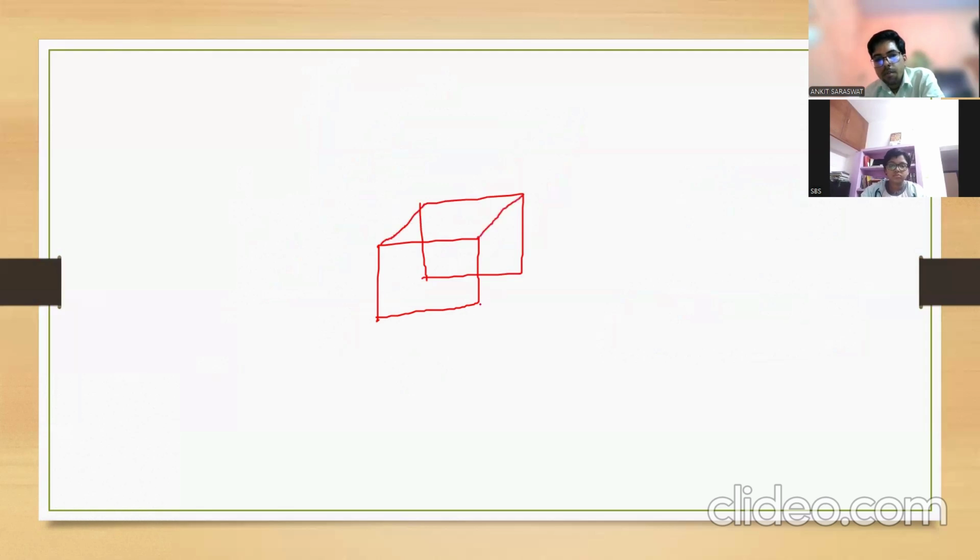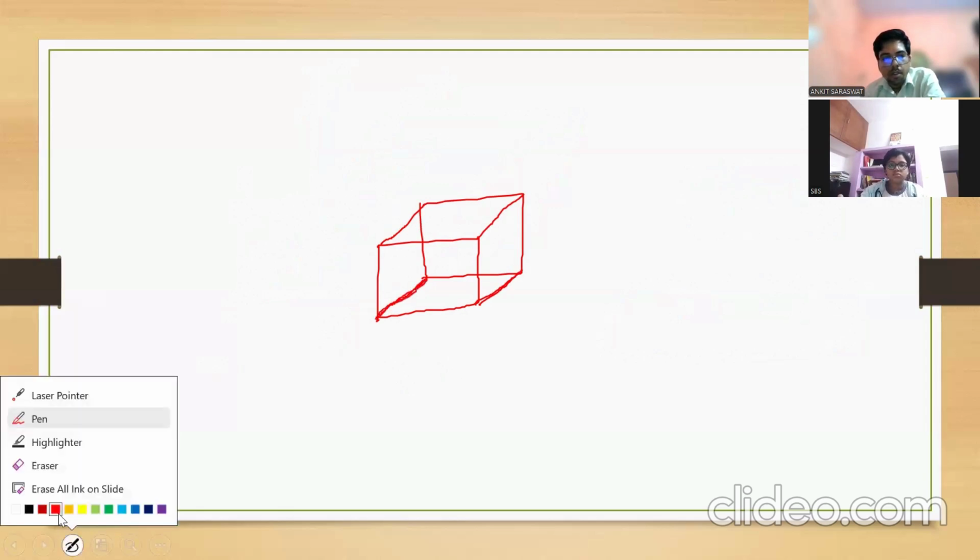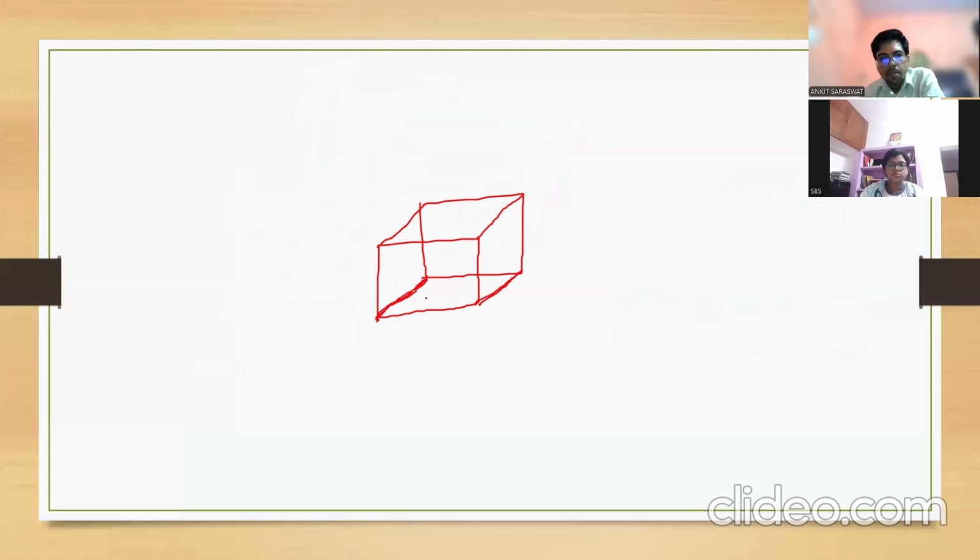If you are given any shape like this, a rectangular base and a cuboidal shape, then how will you see it? Here A vector will be like this, perpendicular to the plane.